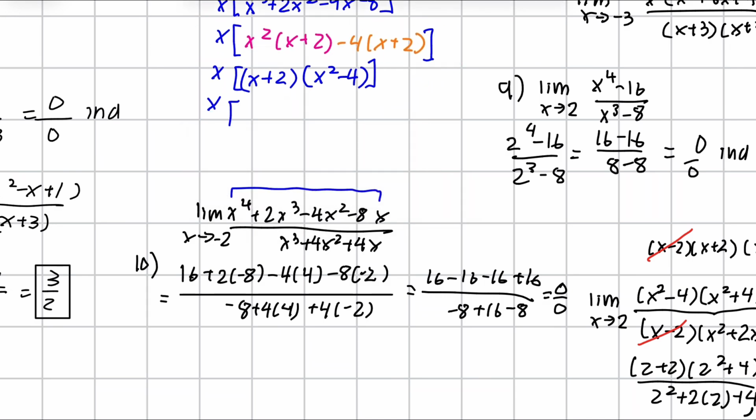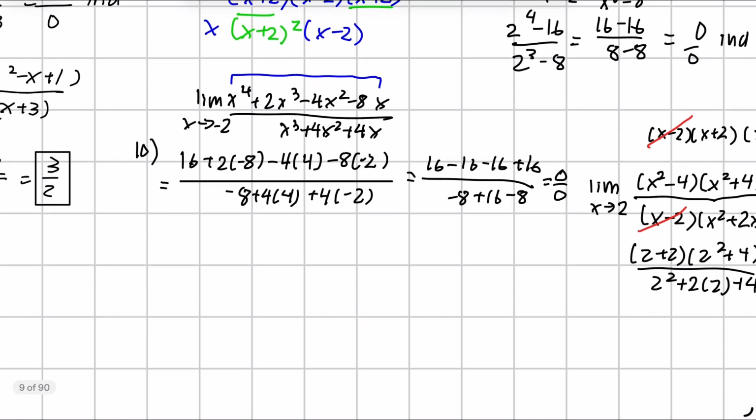So after this, we can just factor again. We have x, and we have our x plus 2, correct? And we have an x minus 2 and an x plus 2. So if we just group these factors together, we have an x plus 2 and x plus 2, so we can do x plus 2 squared, and we have an x minus 2 here. So that is for our numerator.